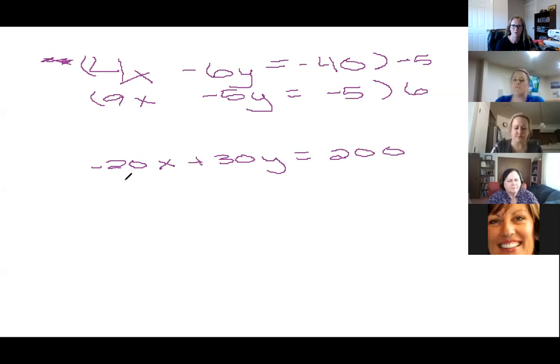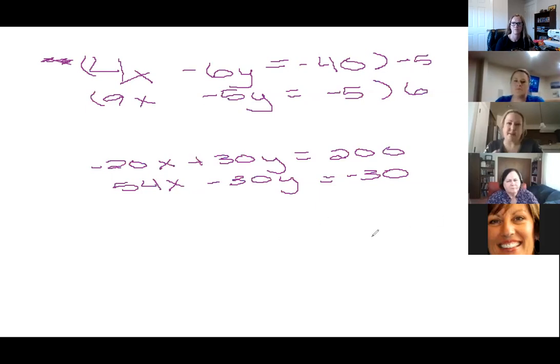And then on bottom, we're going to get 54x minus 30y equal to negative 30. Is that what you were getting as you were doing that? That's where I got to, and then I got stuck after this. Awesome. Is everyone else following along our process that we're going with this? Yep. Okay, awesome.